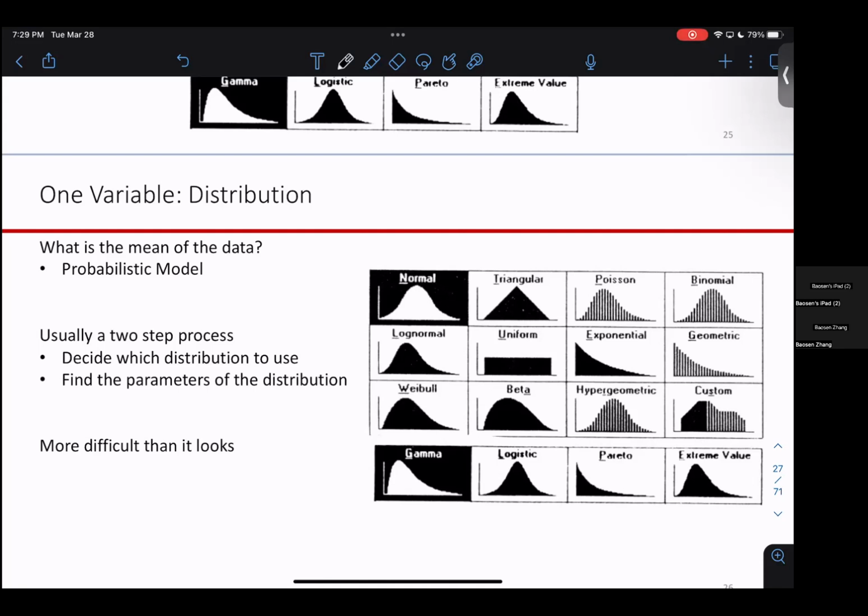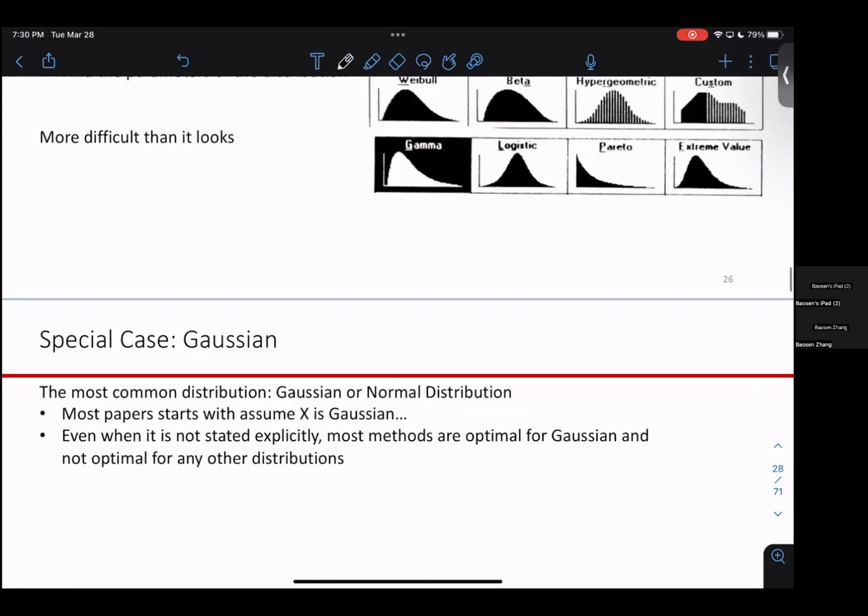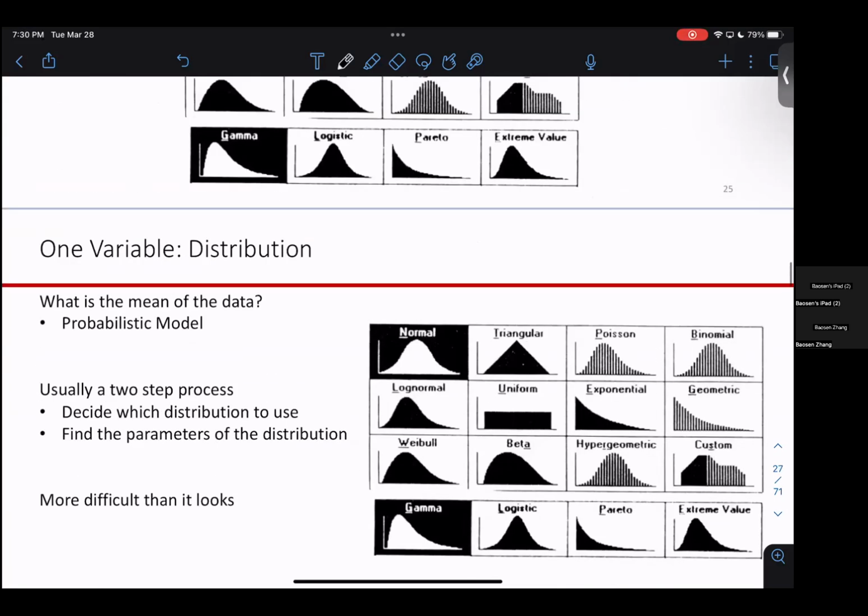For a lot of the algorithms we'll cover, you prove optimality or some theoretical foundation by saying, if this has a normal distribution, then whatever happens. For us, we're just going to assume the algorithm works and try it out, knowing that if you really want to be rigorous, this is where you go to be more rigorous. Okay, any questions here?